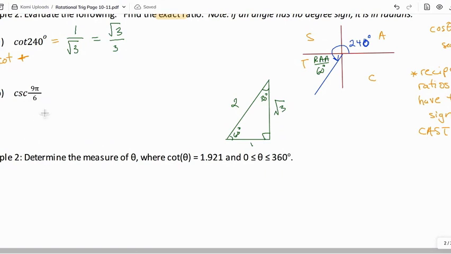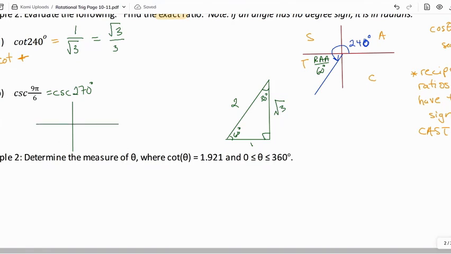What is this? Is this angle in radians or degrees? First, let's move to the side and convert it. What's pi over 6? 30 degrees. So 9 times 30 degrees. I'm looking for cosecant of 270 degrees. Interesting. Let me draw it. I want to see which quadrant I'm in.